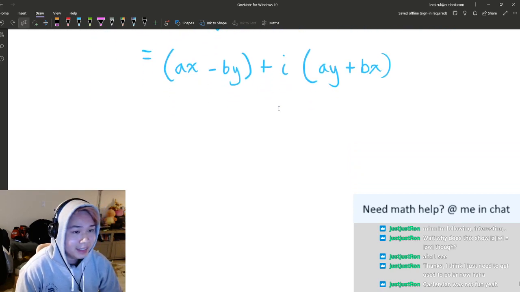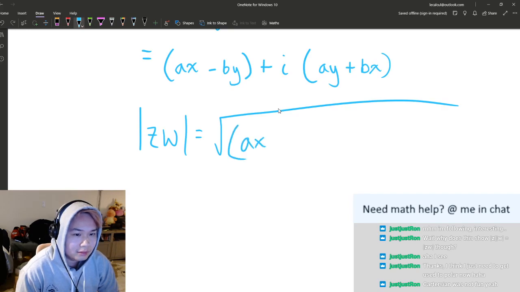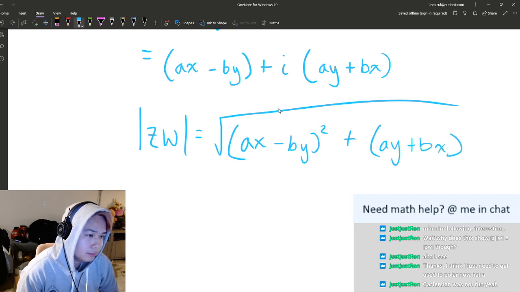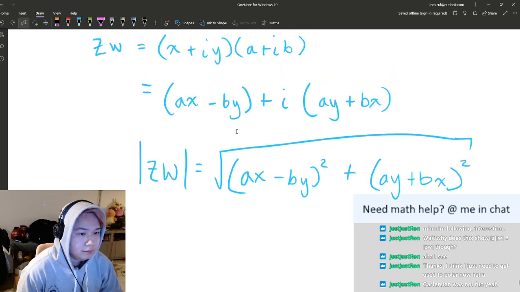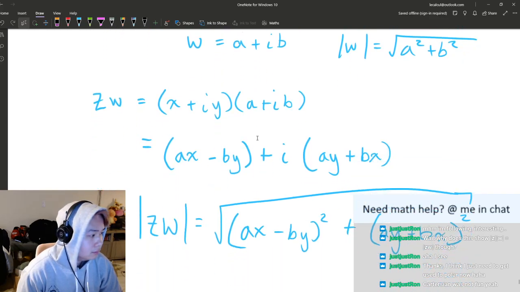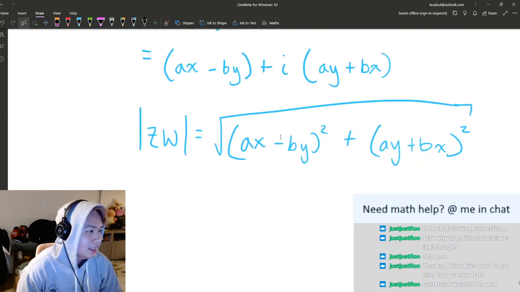And then if you were to do Pythagoras on this, then this is the length of zw, as long as I actually multiply this properly. And then if you multiply these two together and simplify this one, they end up being equal.